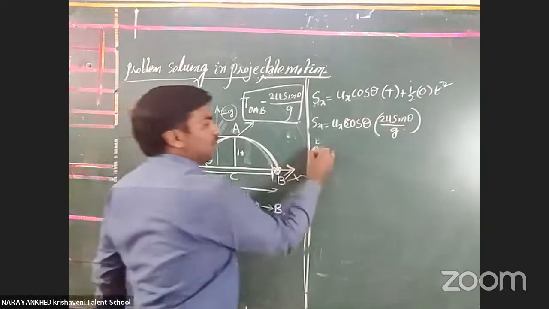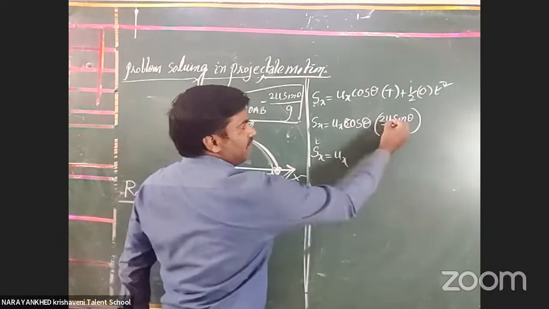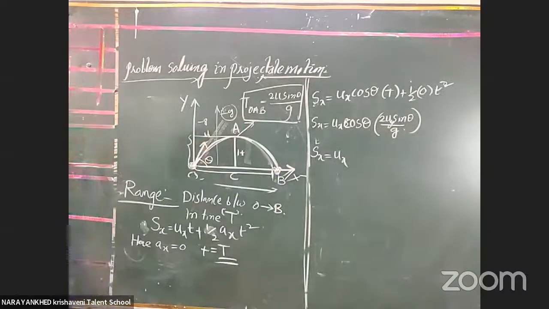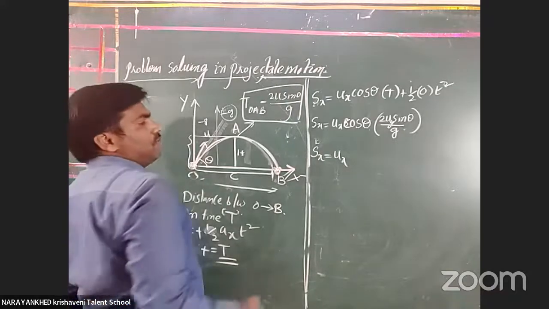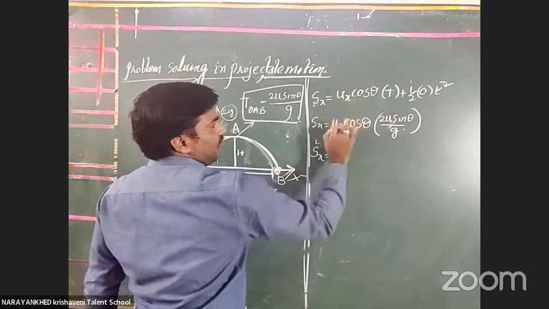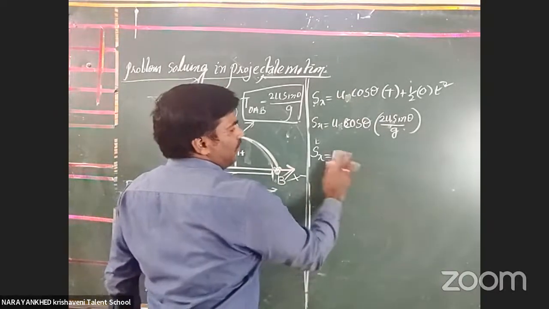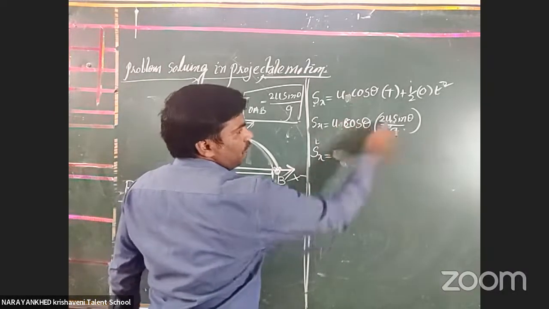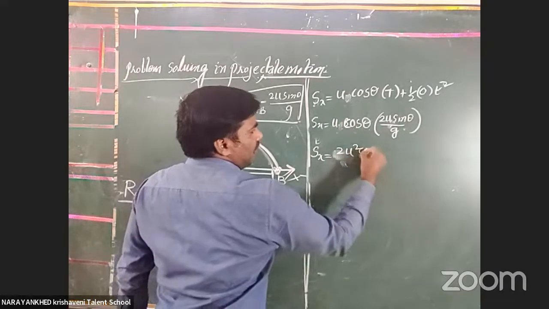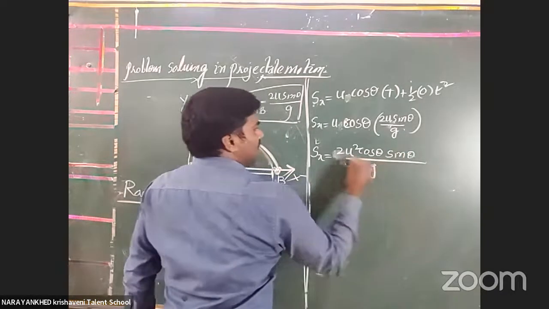Here there is no uy; there is only ux equal to u cos theta. Now what does it become? u into u, so 2u square cos theta sin theta by g.